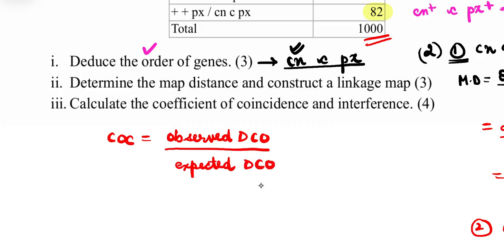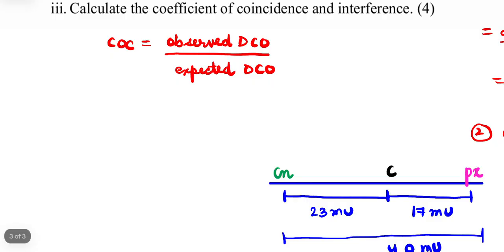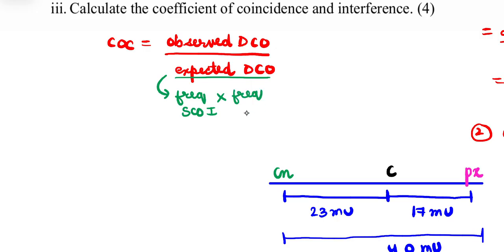Now how you need to find expected double crossovers is very important. You need to learn it by heart. Expected double crossovers is the frequency of single crossover 1 multiplied by frequency of single crossover 2 multiplied by 1000.